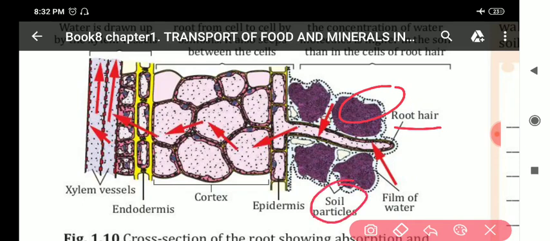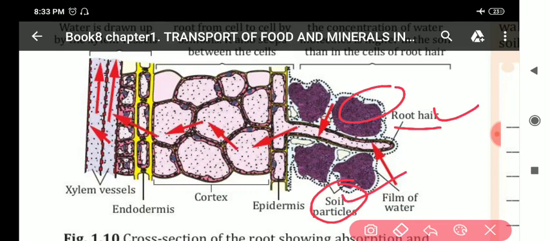Clear all of you? By the process of osmosis, because outside there is a high concentration of water, and inside the root hair there is a low concentration of water. So, water will move into the root hair.